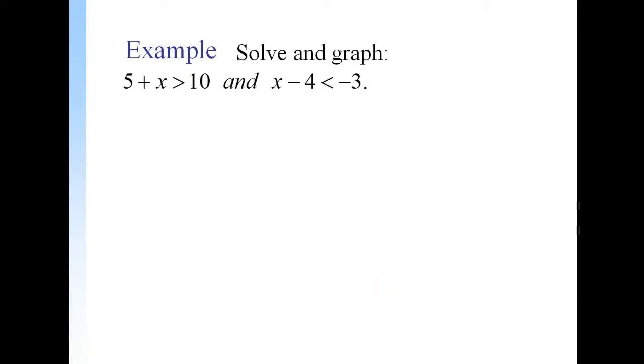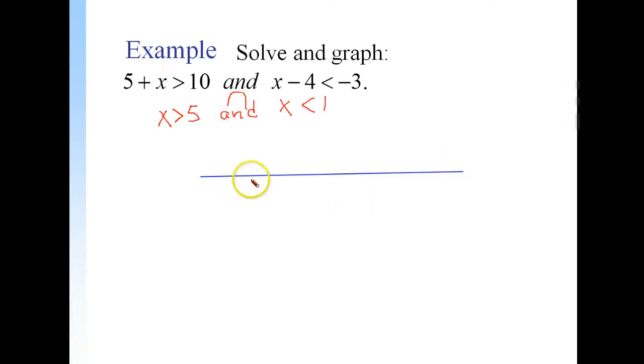So let's do this one. So here we're going to go x is greater than, and we transpose the 5, becomes a negative 5. Negative 5 and 10 is a positive 5. And remember, this is intersection. And we go x, transpose that, is less than. This on this side becomes a positive 4. So this is 1. And now we will graph it.